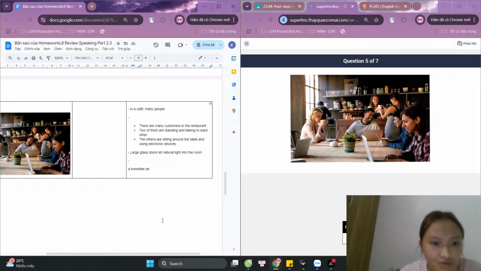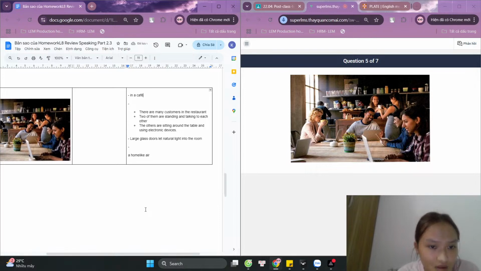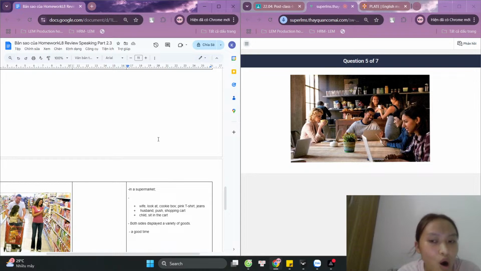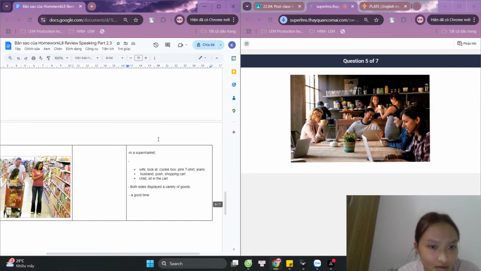In the background, I can see a glass door lets natural light into the room. It looks like a homelike area.